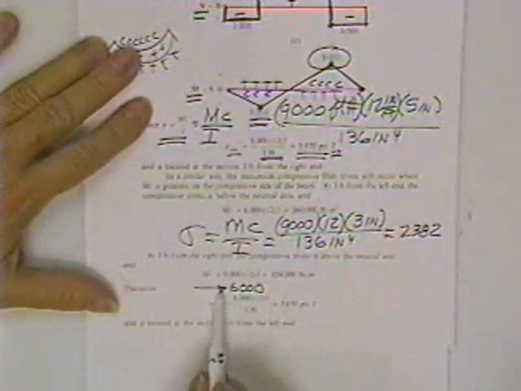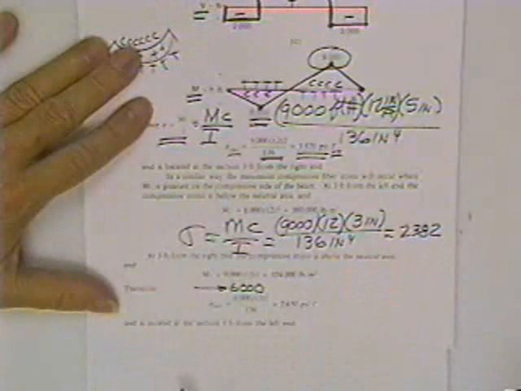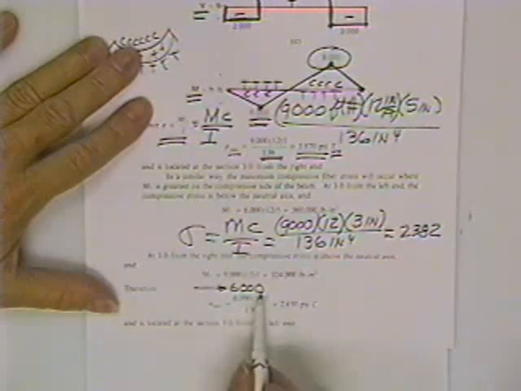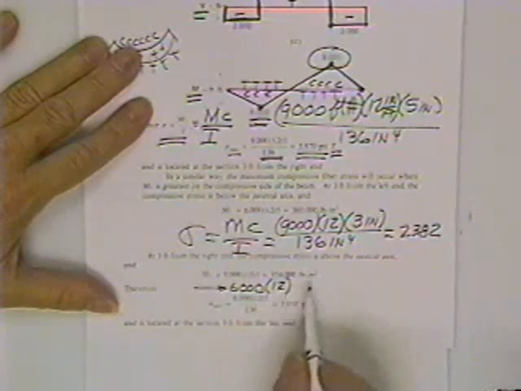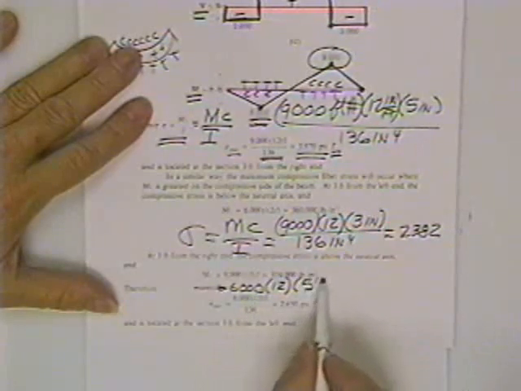Now what he noticed was, maybe I should look at the point where the moment is smaller. Gee, the moment's smaller. I can't imagine the stress is going to be smaller, but let's check. So he tries the 6,000 moment location. He multiplies times 12 inches in a foot. He multiplies times 5 inches now.